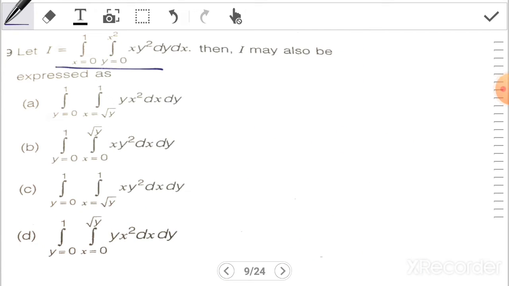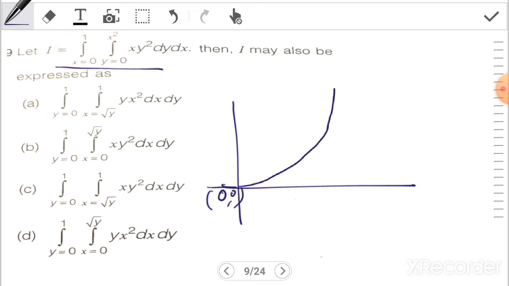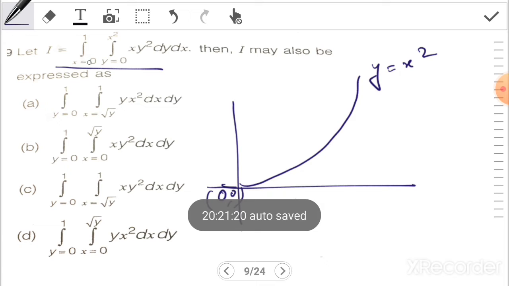Let I be equal to the given integral, then I may also be expressed as... Let us draw the graph. So this is 0 comma 0. Okay, we have y is equal to 0 and y is equal to x square. So y is equal to x square would be somewhat like this, and x is varying from 0 to 1.